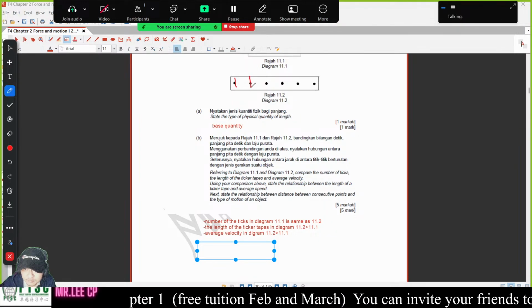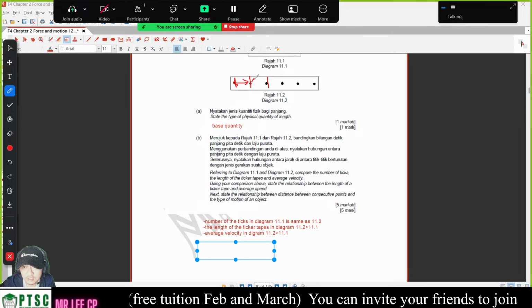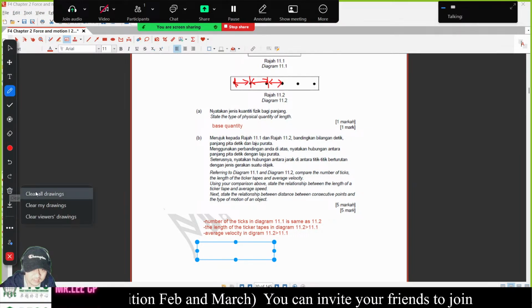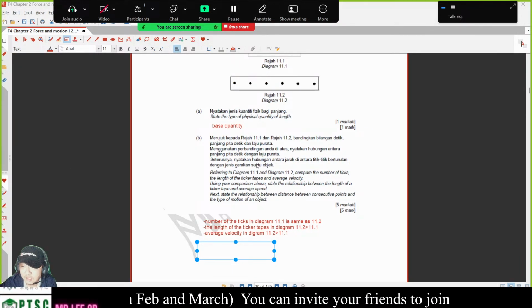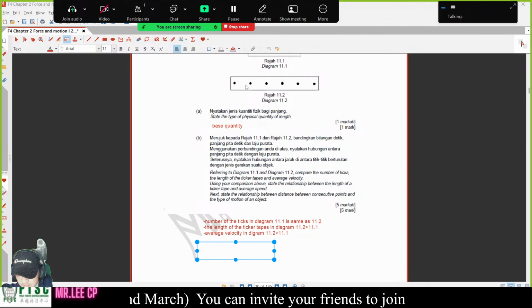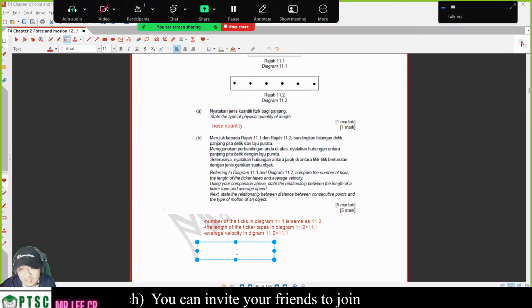This point, this point, this point. The distance between two consecutive points is here, and here. This one can have many kinds of answer. I can say the greater the distance between two consecutive points, the faster the type of motion, the greater the velocity of the object.